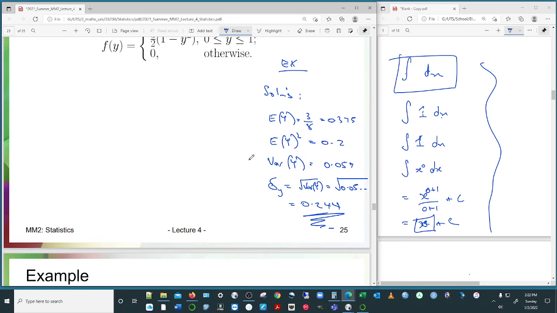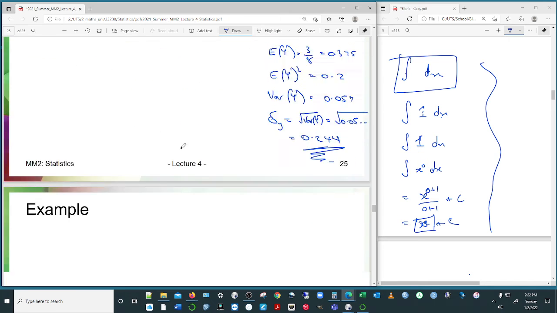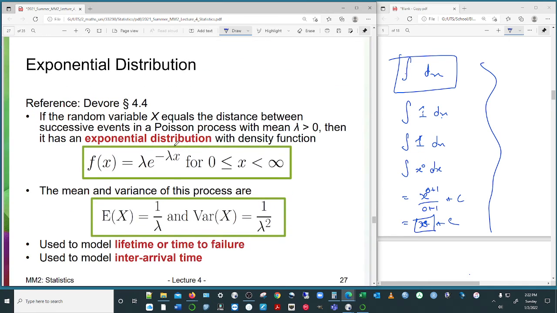Alright, the next thing I want to do, now we've had a look at the continuous variables, is look at a particular continuous distribution, and that is the exponential distribution. So the exponential distribution has this function. It's a slightly different equation to the one that was there for the Poisson, but they are related in the sense that the Poisson distribution with its positive mean equals the distance between successive events.